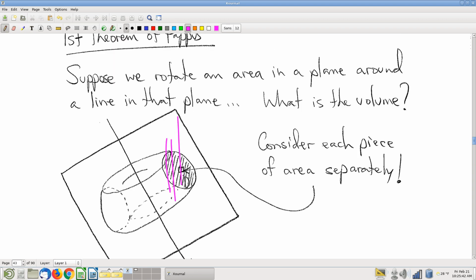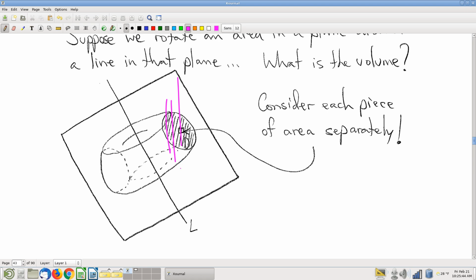Forget about the volume. Slice up the area itself. Look at each little piece of area. Rotate just that little piece of area to make an onion ring.